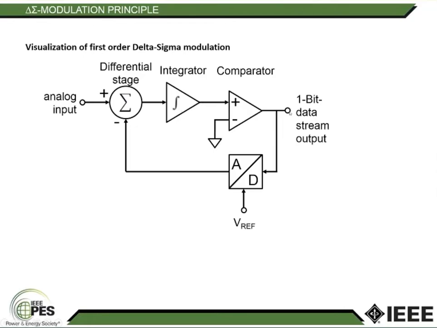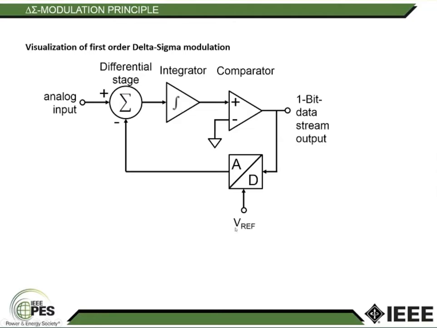Now, the DA converter down here will output either a positive reference voltage if we have a high bit here, or it will output a negative reference voltage if we have a low bit, a 0.